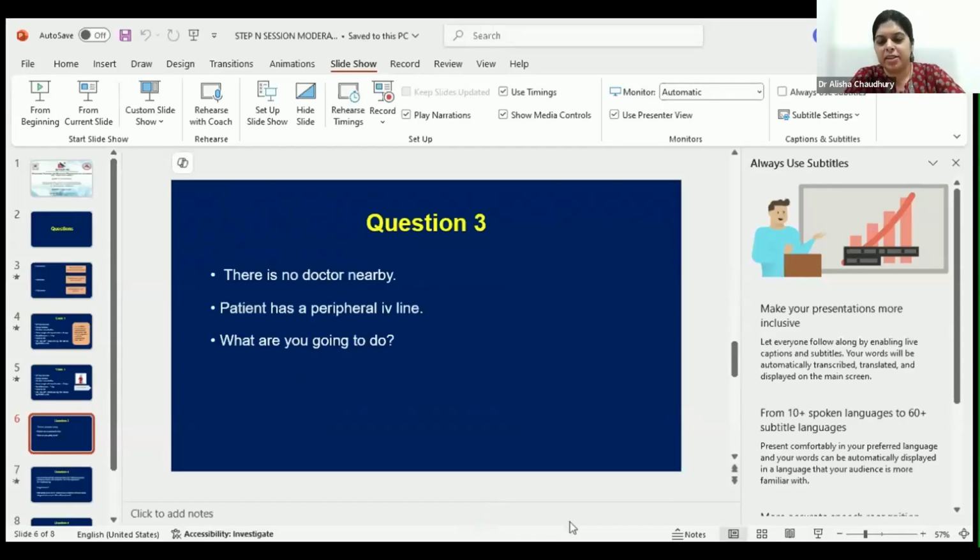Can you put it up in the chat box? The question is, if you have to start NORAD, but you only have a peripheral IV line, what are you going to do? Will you start or not?